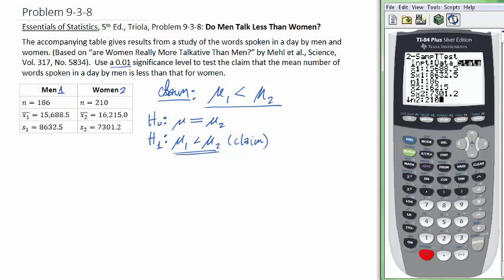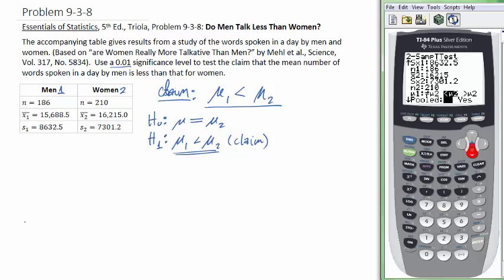There's more information here. We are doing a hypothesis test, so in our calculators we need to take a look at the appropriate alternative hypothesis symbol, and that is the less than sign, mu1 less than mu2, so we'll select that. We would be interested in pooling if we know the standard deviations are fairly close to each other.